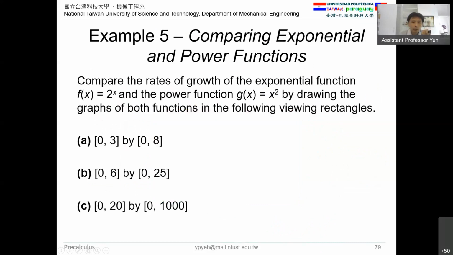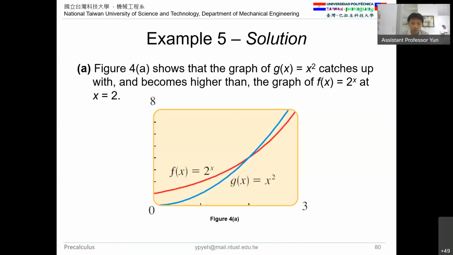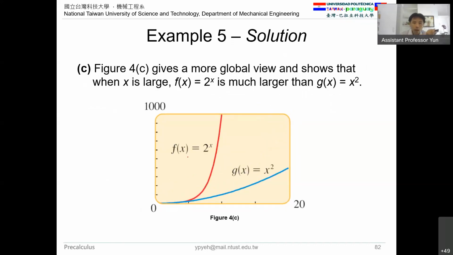The next example just shows you the comparison of the function f of x equals 2 to the power of x and g of x equals x squared. Since x is in the exponent, this is the exponential function, and this is the polynomial function.